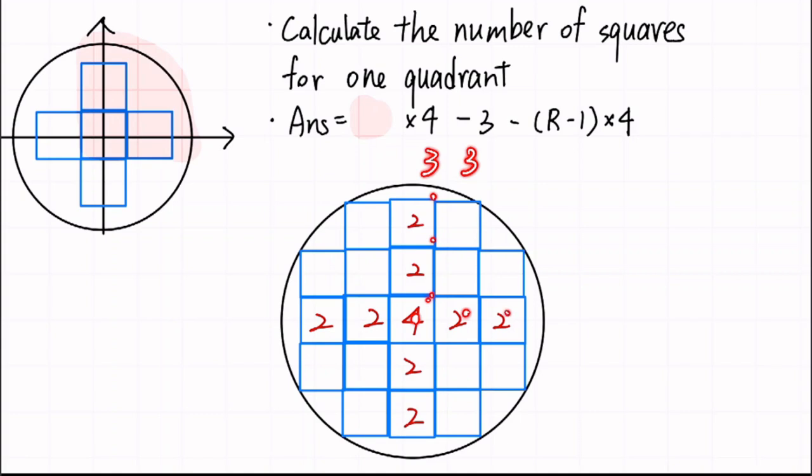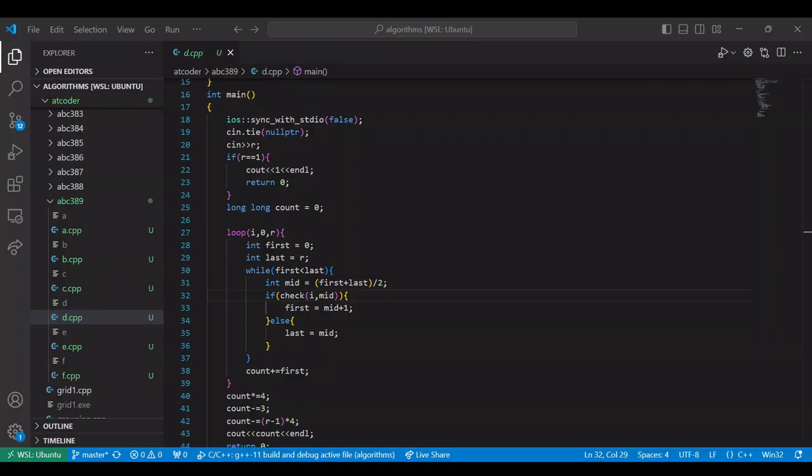And for x equal to 2, we will increment the count by 2. So we get a total of 8 squares. And we can just find the maximum value for y using binary search according to each x, and we can look at the code for more details.